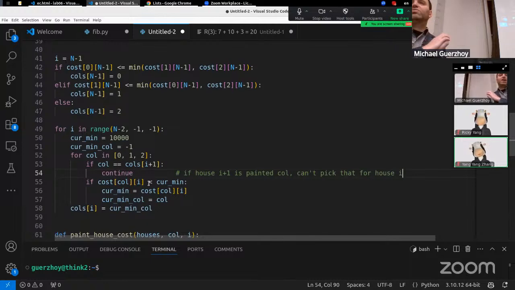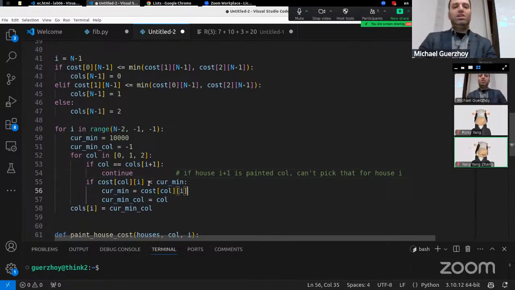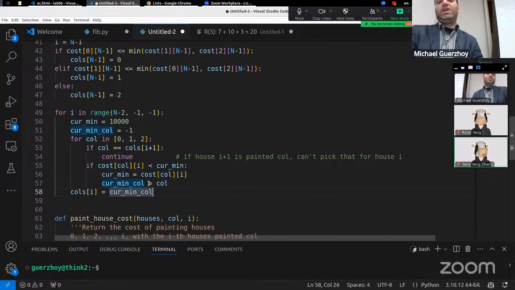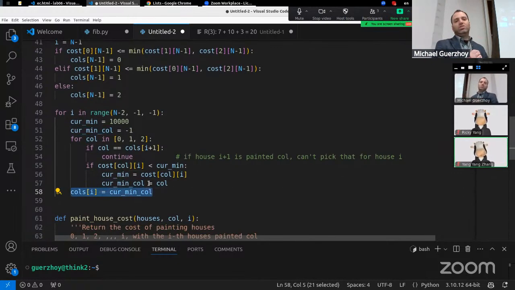So I can't pick that for house i, right? And then I'm just going to say, if you see a cost that's smaller than what you've seen up to now and the color is legal, then consider it. And eventually it's just going to be the current minimum color.